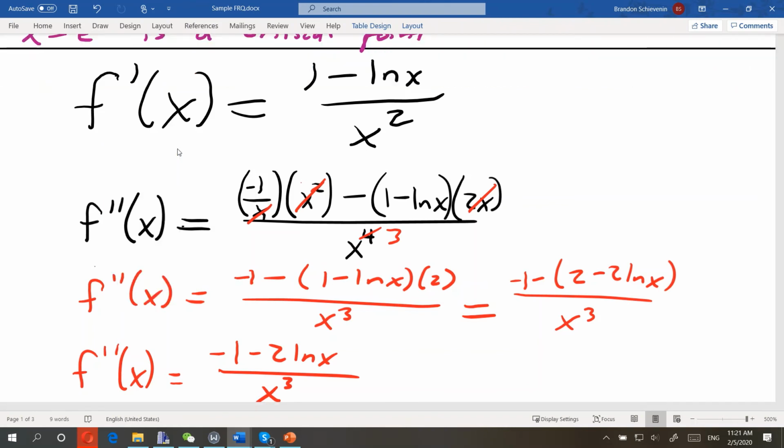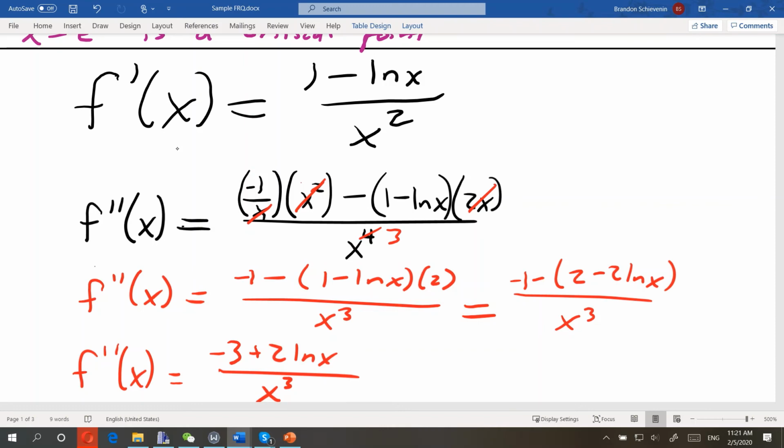Okay, so now that's negative 3. I subtracted a negative. This sign's wrong too, actually. Okay. Junho, that's what you were trying to point out, right? Yeah, okay, cool. Alright, so I've got negative 3 plus 2 ln x over x cubed.